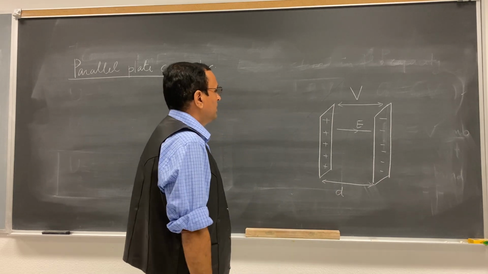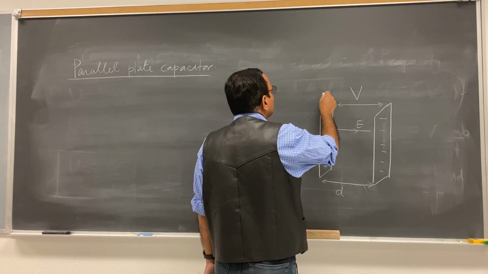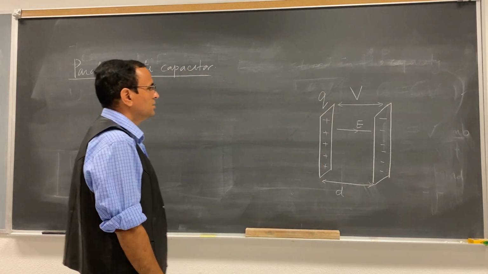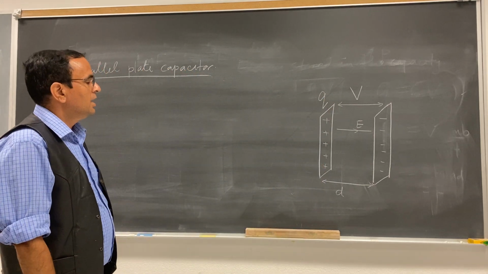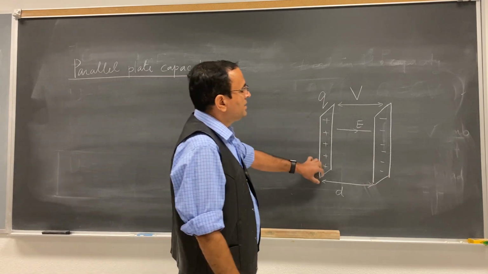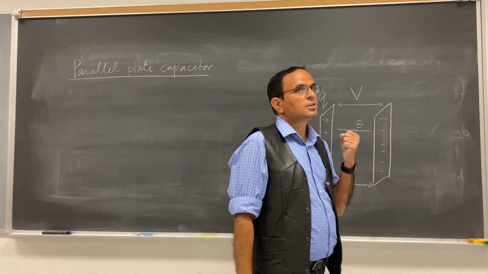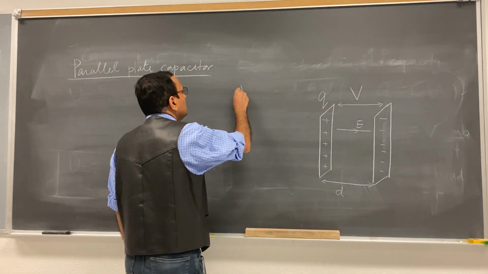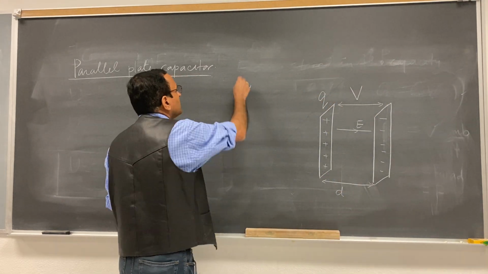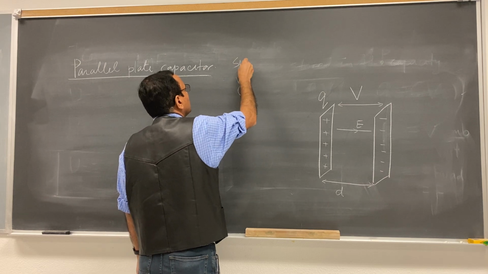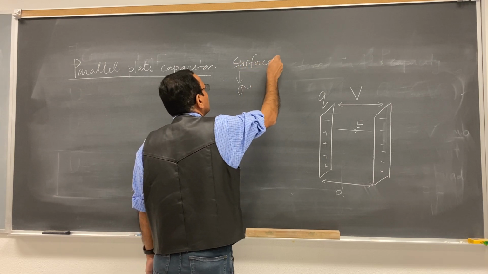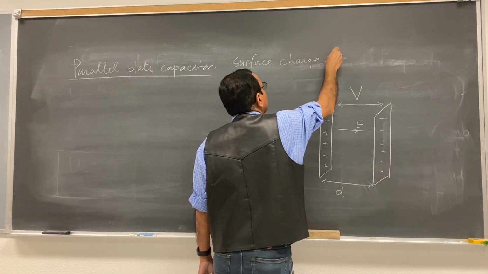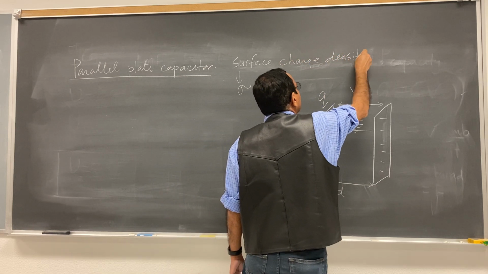And the charge in the capacitor you can call Q, uppercase or lowercase, that is not a problem. And let us suppose these are the plates, so we can think about the surface charge density, sigma.